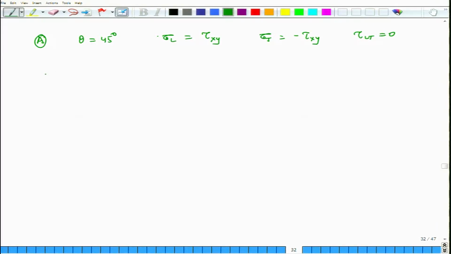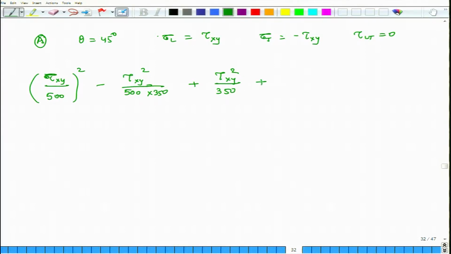So, you do the calculation: tau xy divided by 500 squared, minus tau xy squared divided by 500 times 350, plus tau xy squared divided by sigma Tu squared, which is 350, plus 0. Okay. And for failure this should be equal to 1. So, tau xy works out to 75.36 MPa. So, this is for case A.